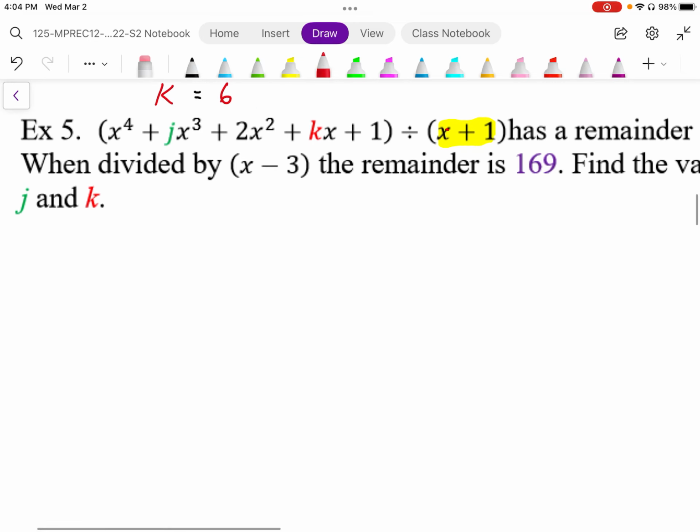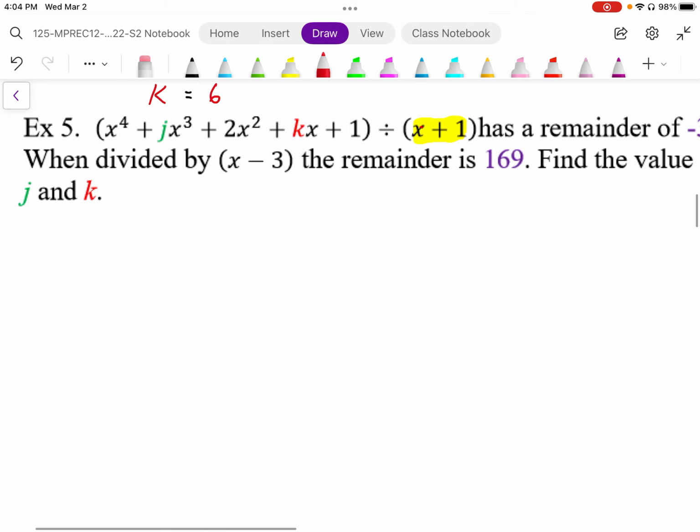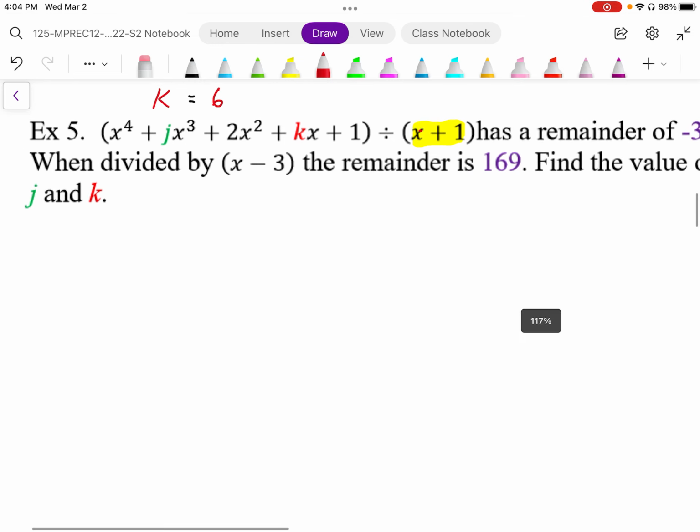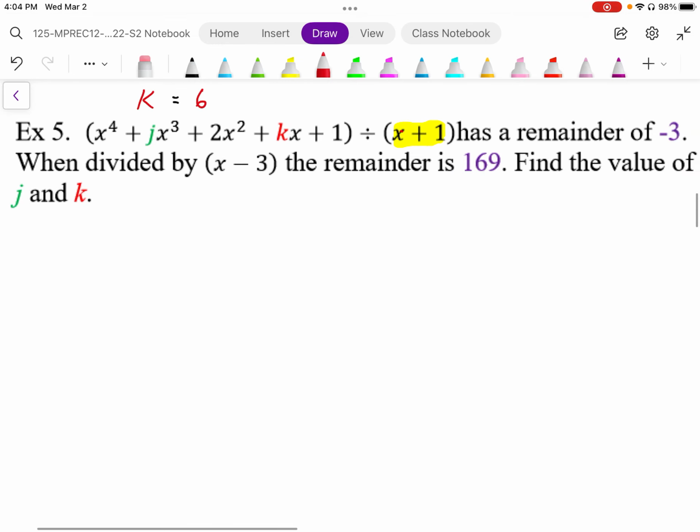In this next example here, we are given two unknowns to solve for, but we have two remainders to work with. So since I have two remainders, I can set up two equations. So I can set up an equation this way. I'll do one in green.